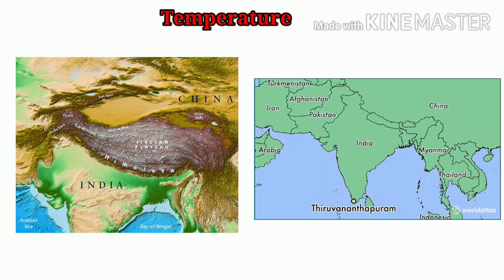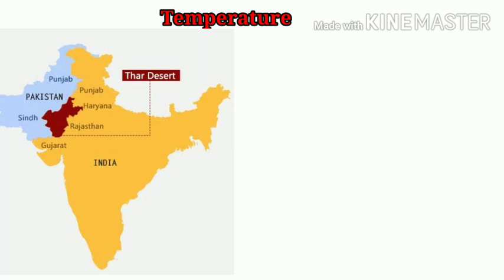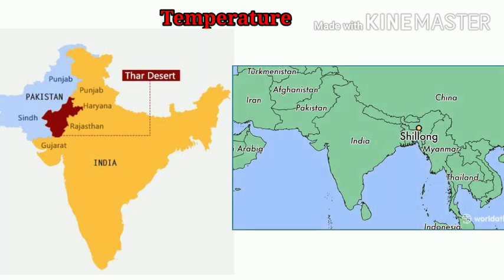So now if we take a look at the summer season, in western Rajasthan, which you can see on your map on your screen, the temperature in summer is 50 degrees Celsius, and in Shillong, which is a hill area, the temperature is 20 degrees Celsius.